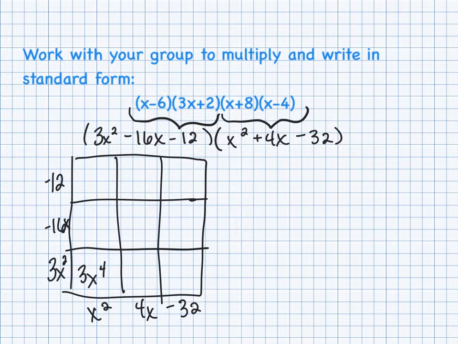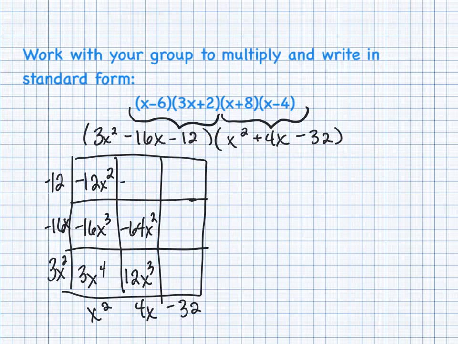Negative 16x times x squared is negative 16x to the 3rd. Negative 12x squared. 12x to the 3rd. 4x times negative 16x is negative 64x squared.